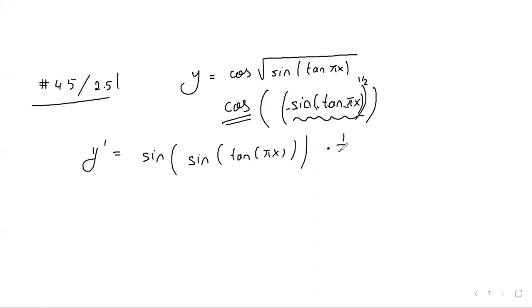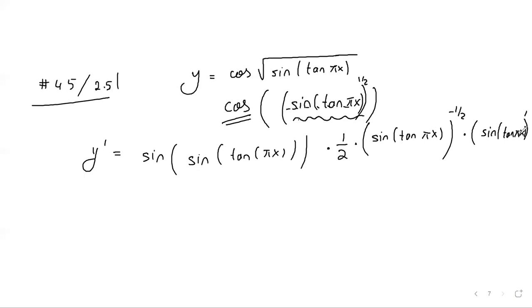So that's going to be 1/2 times sine of tangent of pi x, that quantity to the negative 1/2, times the derivative of the inside quantity, sine of tangent of pi x, primed.